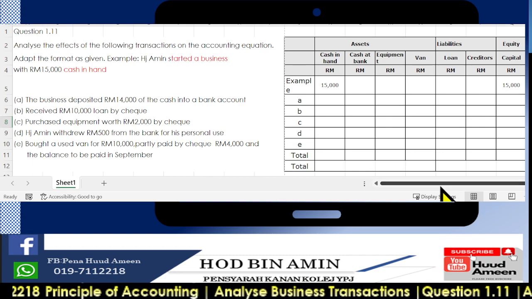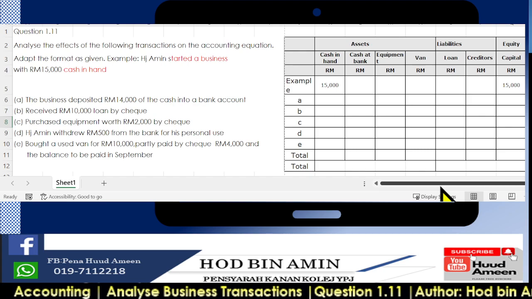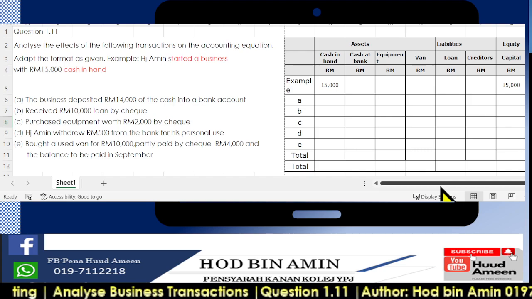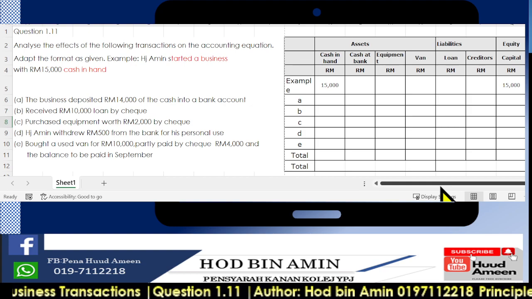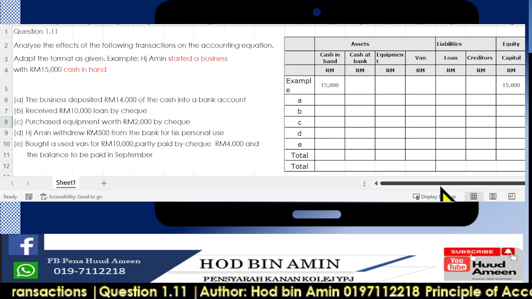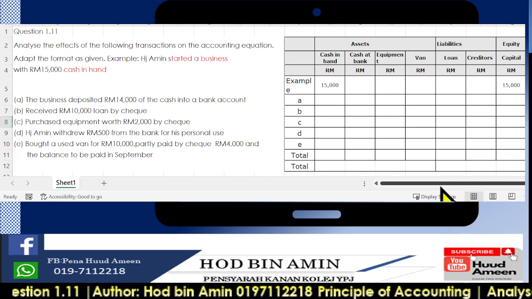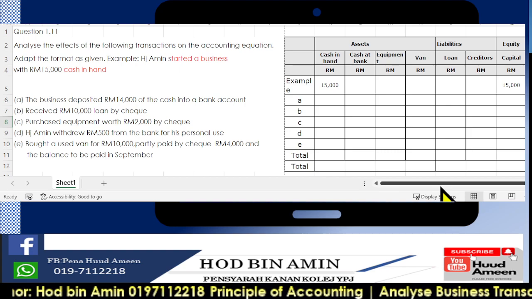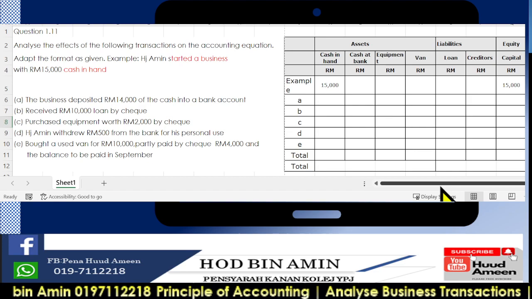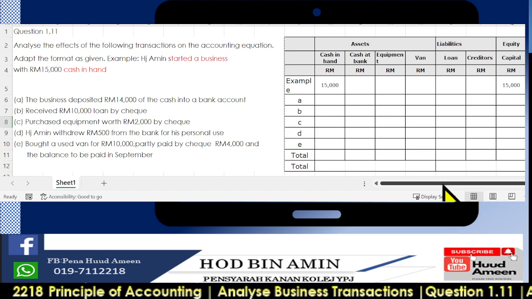Before this, before the business existed, we don't have any cash and we don't have any kitty. Then if you set up the business, then the capital increases and also cash in hand increases. Okay, for this part the example is clear.